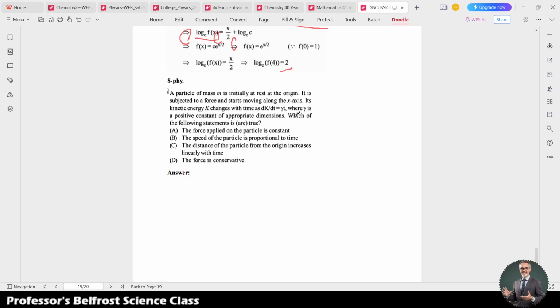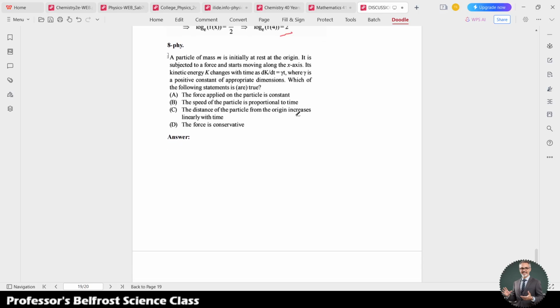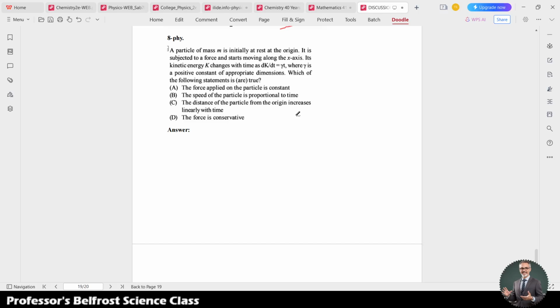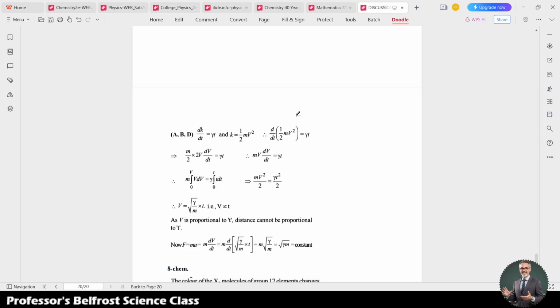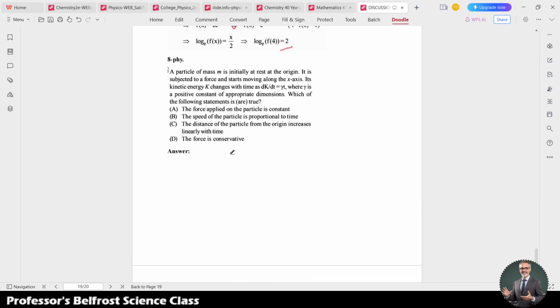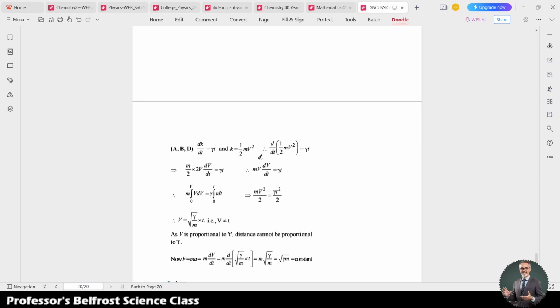Next, this is a theoretical problem. A particle of mass m, initially at rest at the origin, is subject to forces, moving along the x-axis. Its kinetic energy K changes with time as dK/dt equals gamma t. K is the kinetic energy, right? This is half m v squared. If you take the differentiation, it becomes like this. You can take out the constant and do the differentiation on this part, and you can create this kind of structure.